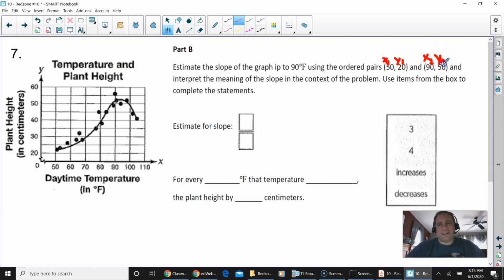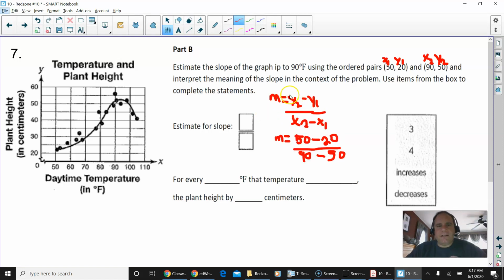You could just figure out what the slope is using that formula. It's pretty much 50, 20, 90, 50. If it was 52, you would round it to 50. It's not. So just go ahead and figure out the slope using the slope formula, using these ordered pairs. Remember, m equals y2 minus y1 over x2 minus x1. Put your answer right here, and you could press pause now.